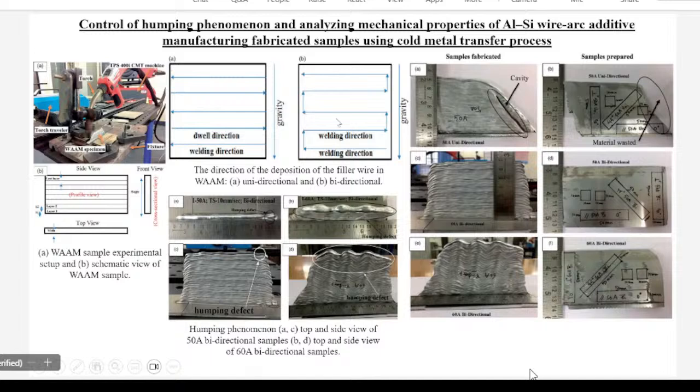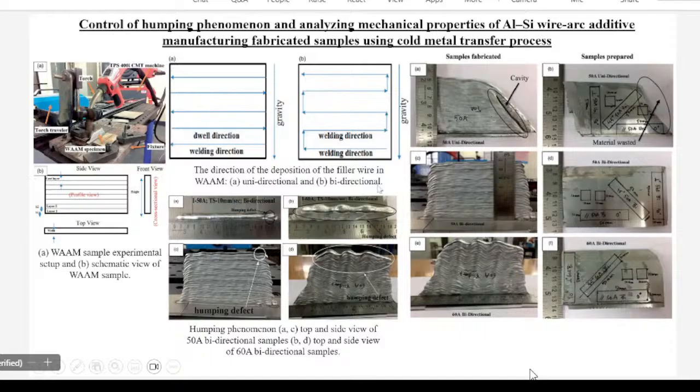But in bidirectional, as I have already told, we deposit from one point to the other, and at the end position we start the deposition of the second layer. So with this, we have concluded that the bidirectional strategy will be very good.